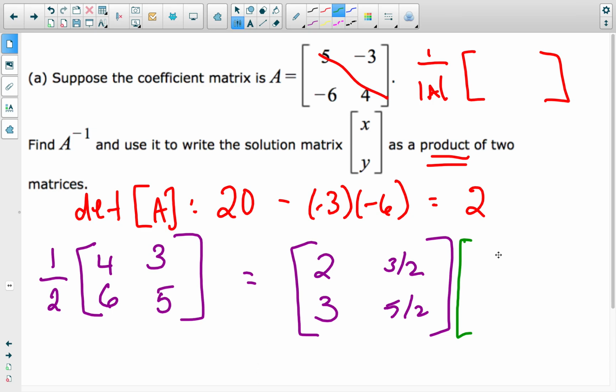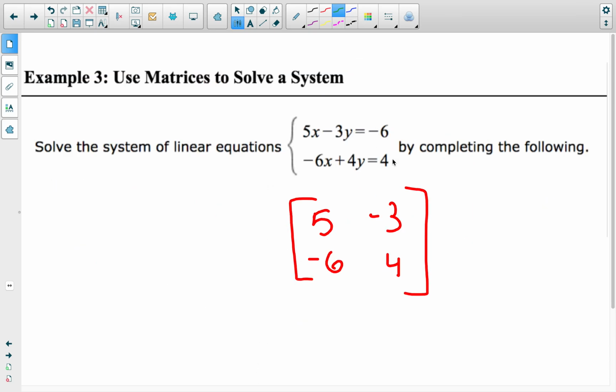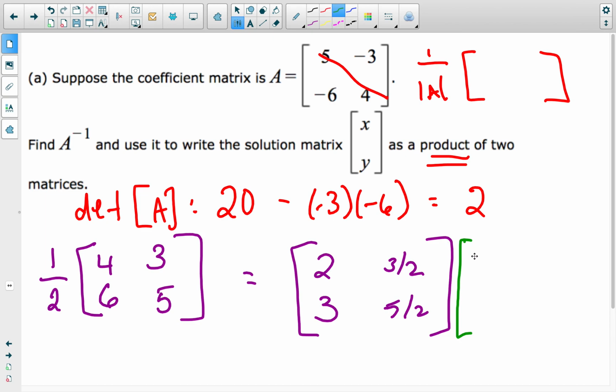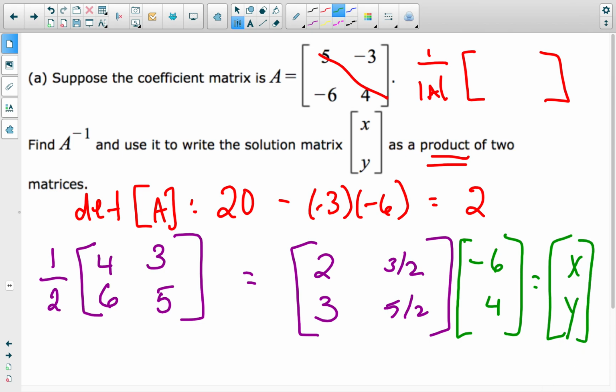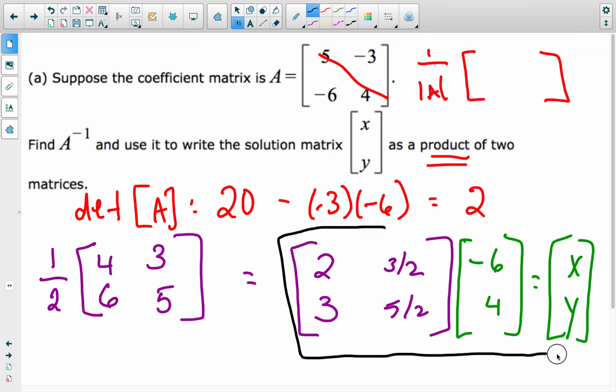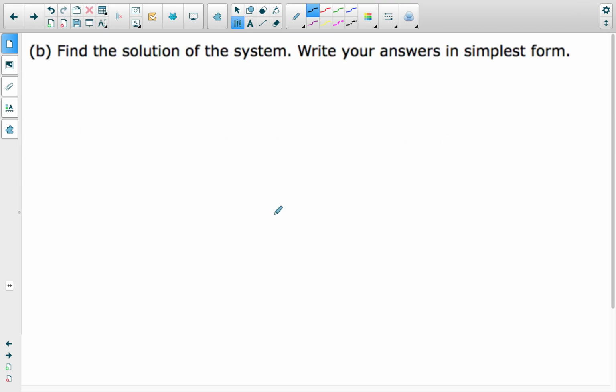So we need to take our constants, which are -6 and 4, and set up the multiplication. And then this is the equation that we're working with. So this is actually the solution that you want for part A, when it's asking you to set up your equation. And then part B is just asking you to solve.